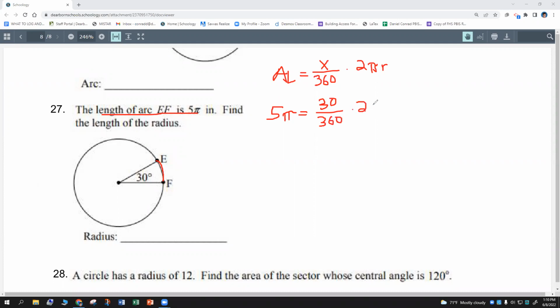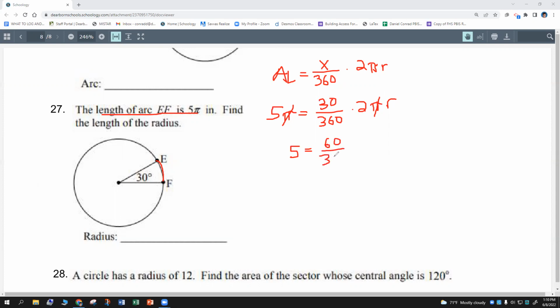Okay, times 2 times pi times the radius. All right, we can divide both sides by pi, and that'll cancel it out on both sides. 30 times 2 is going to give us 60.